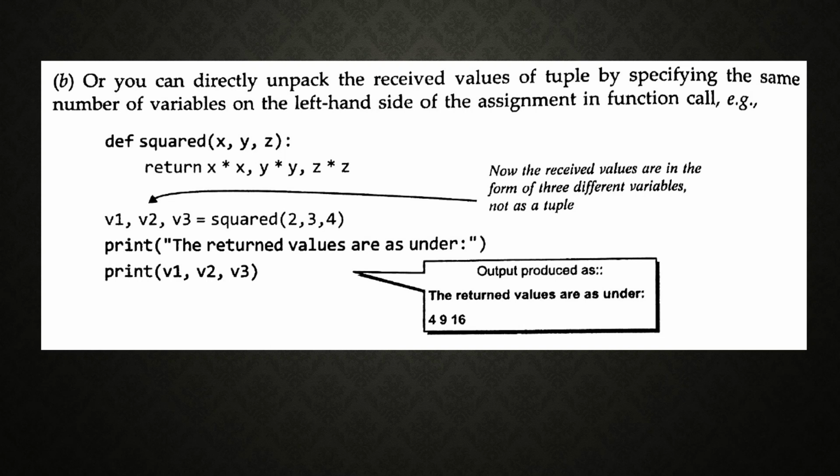Here v1, v2, v3, these three variables are used to hold the squared values of 2, 3, 4. That means v1 holds the square of 2, v2 holds the square of 3 and v3 holds the square of 4. Now the received values are in the form of three different variables, not as a tuple.